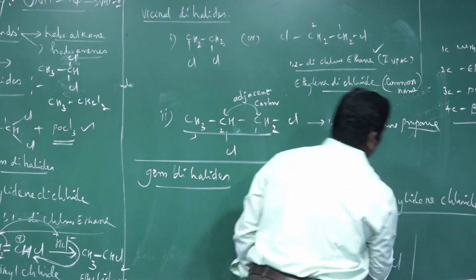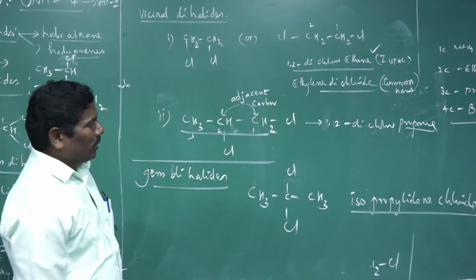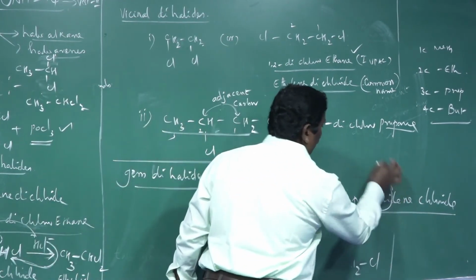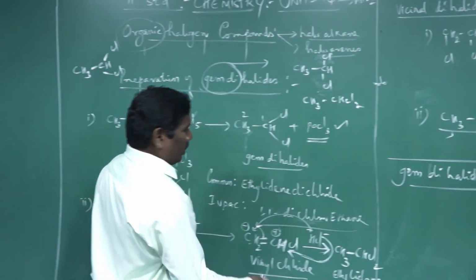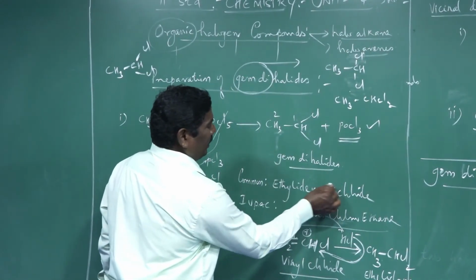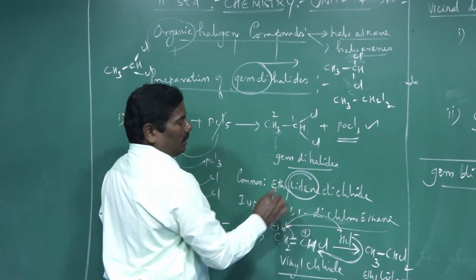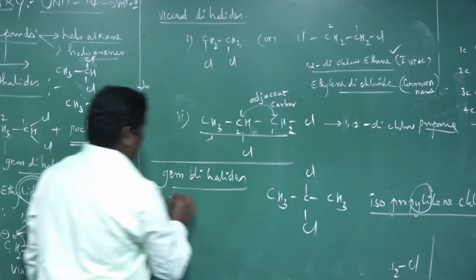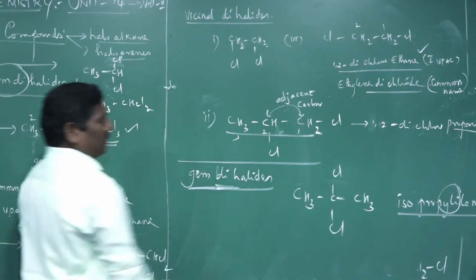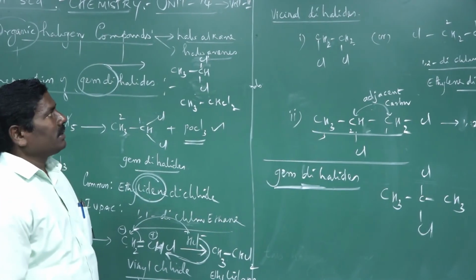This is called isopropylidene chloride. So ethylidene, propylidene, all are called gem dihalides.